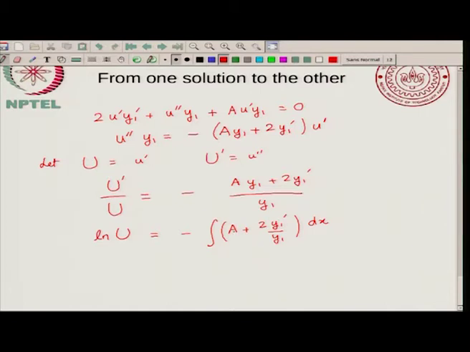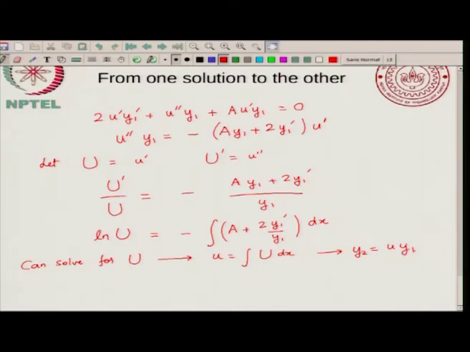So essentially you can find out U. So we can solve for U, and from capital U you go to small u, which is just the integral of U dx. And then from u you can go to y2 is equal to u y1.